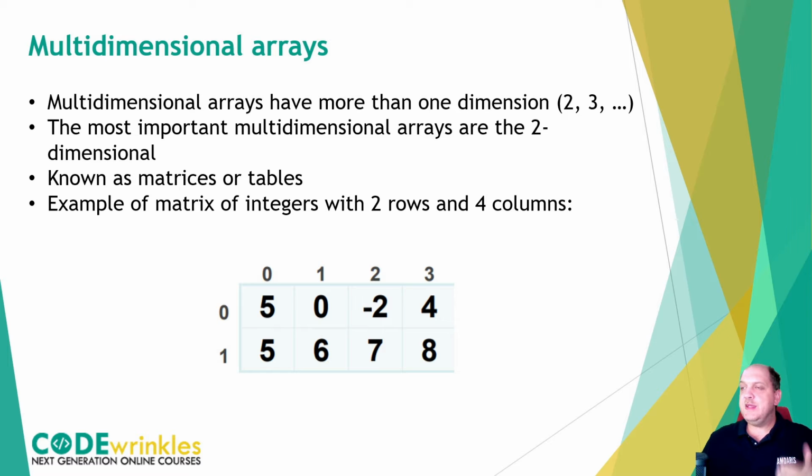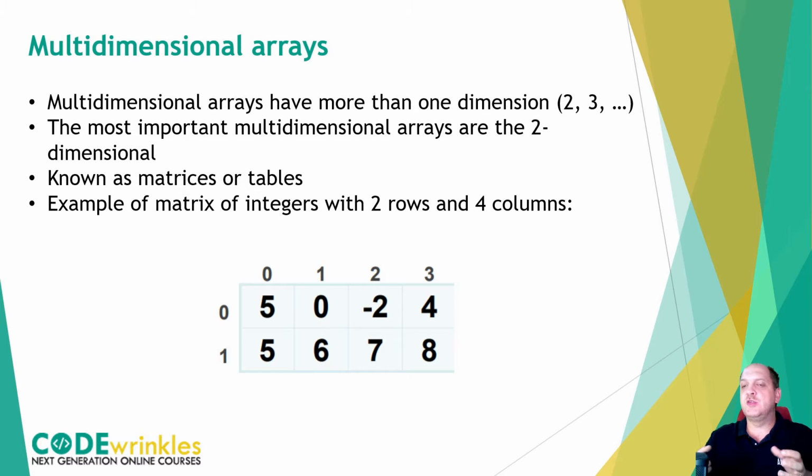Now, in a regular array, we have seen that we can identify a certain element by its index. And not only identify, but through the index of that element, we can also change its value and things similar to that.